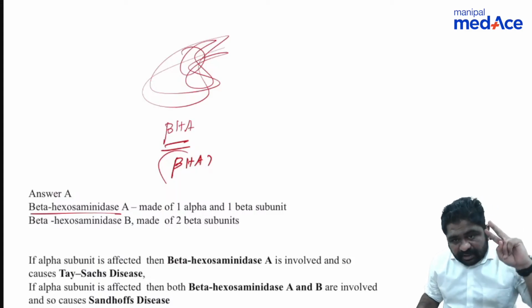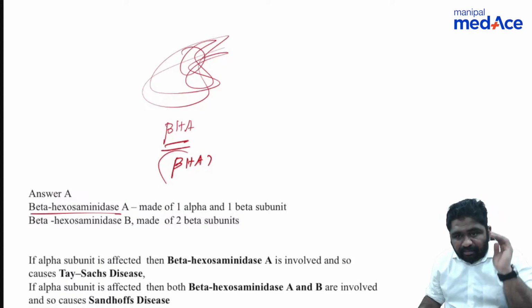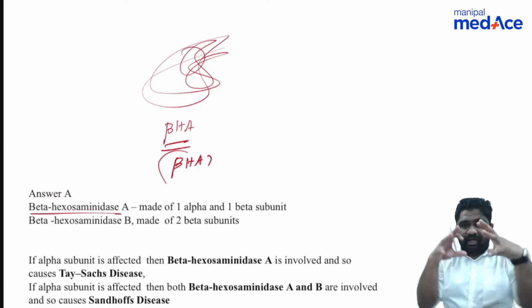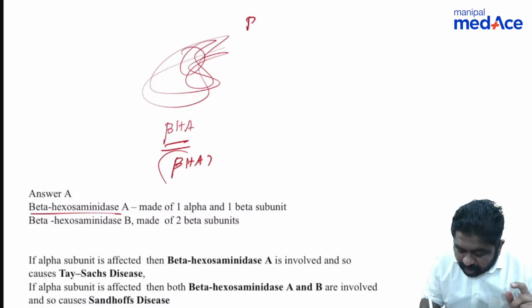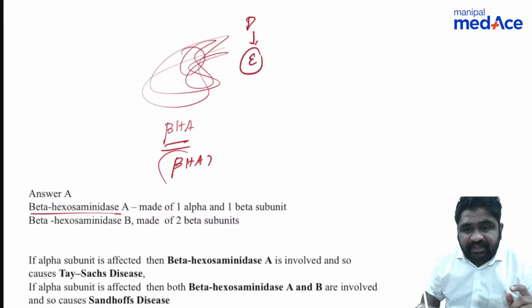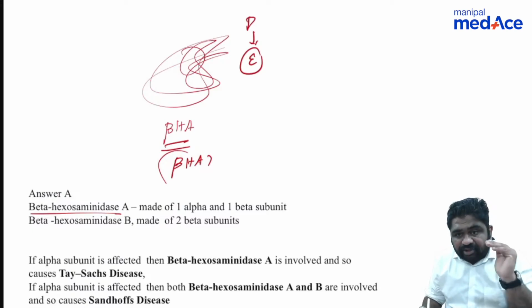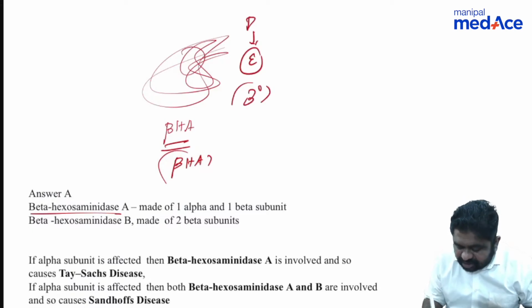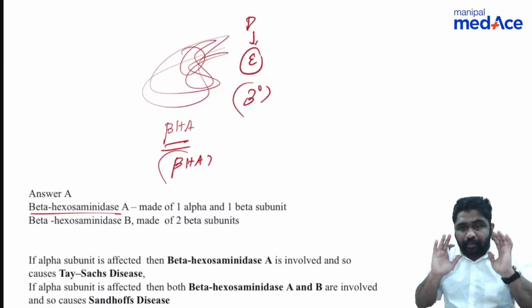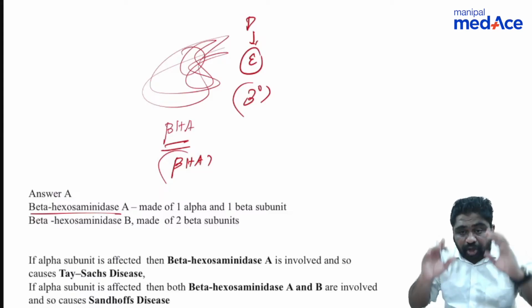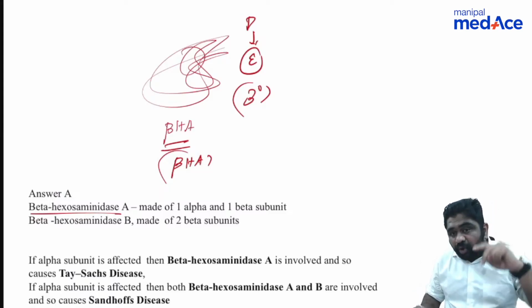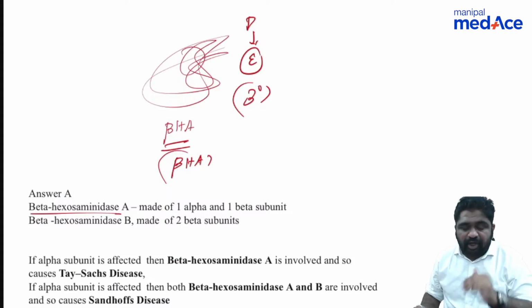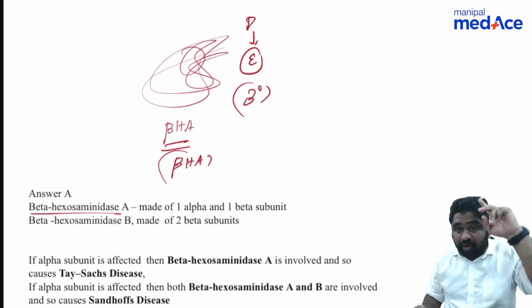I'm so sorry, I meant to say, if you want a protein to act as an enzyme, the minimum level of structure to be maintained is tertiary structure. For tertiary structure to be present, you require a subunit. More than one subunit should be present so that you will be able to have enzymatic activity, to have a quaternary structure.